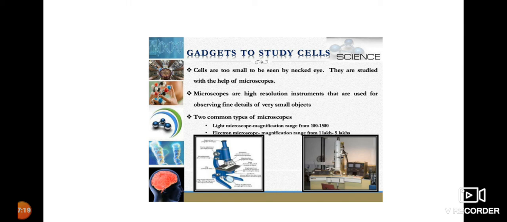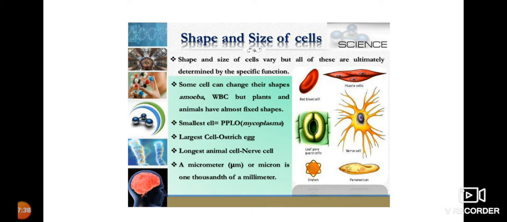Remember, microscopes are high resolution instruments which are used to observe very tiny cells. Now, there are different types of microscopes which are available in our day-to-day life that can be used for different purposes. Now, as we discuss, cells are found in different shapes and sizes.